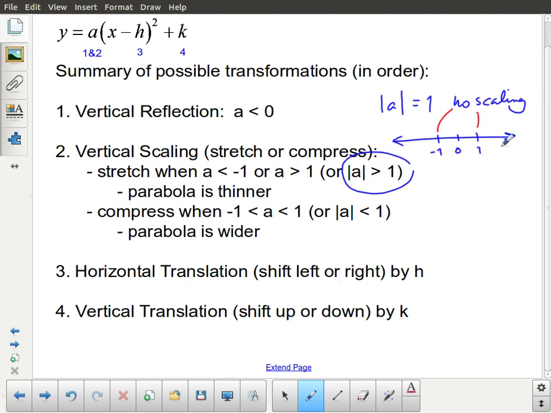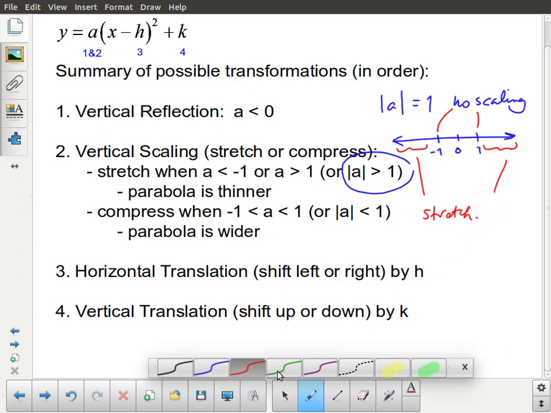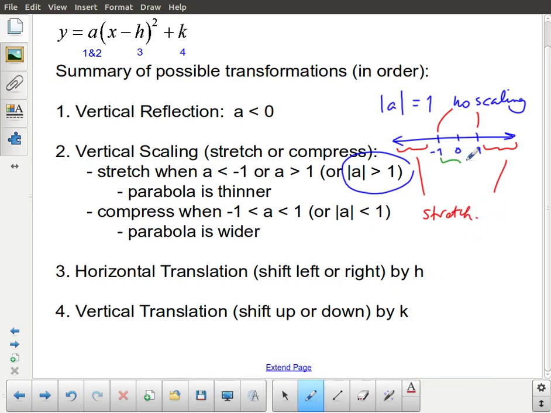If I'm out here, then that means I have a stretch. And if I'm in between negative 1 and positive 1, then I have a compression.